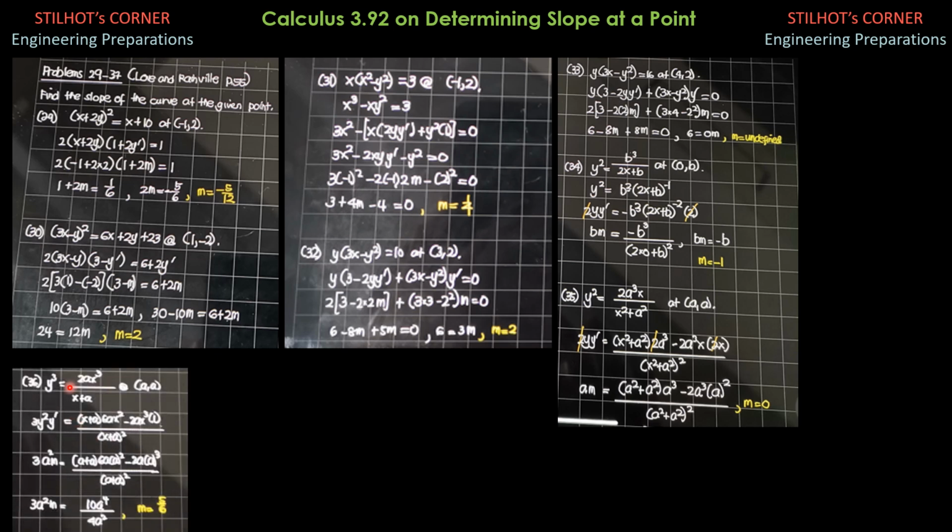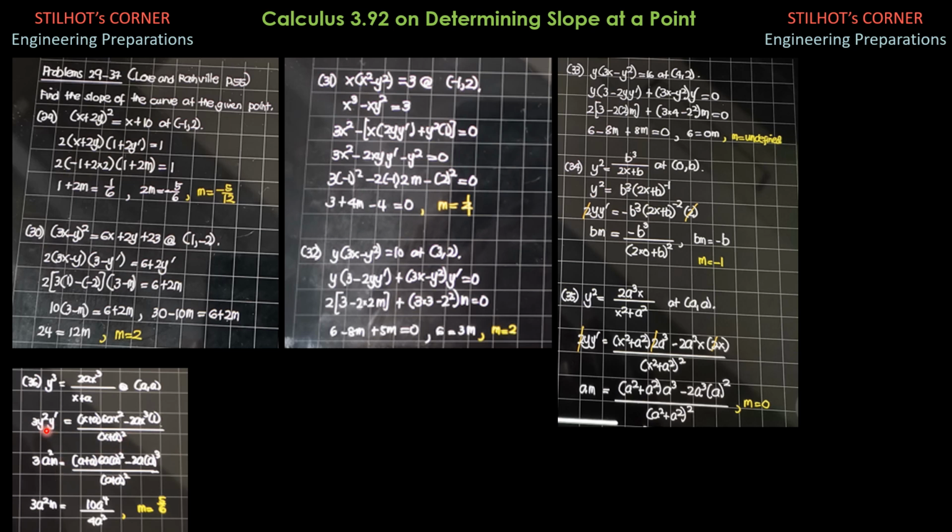36, y cubed equals 2a x cubed over x plus a at the point a comma a. So differentiating, that's y cubed. So 3y squared y prime equals derivative of ratio: denominator, derivative of numerator 6a x squared, minus numerator 2a x cubed, derivative of denominator 1, all over denominator, which is x plus a square.